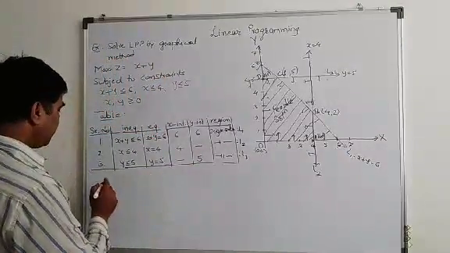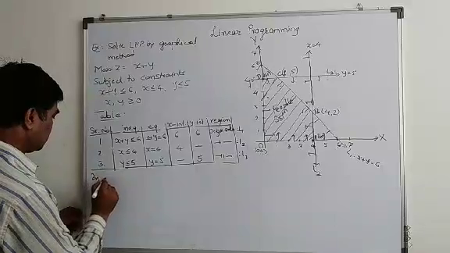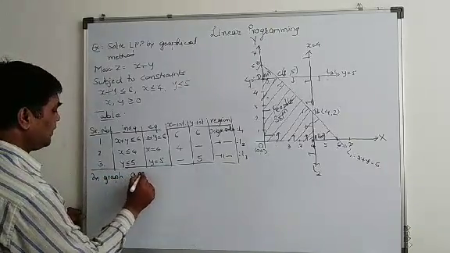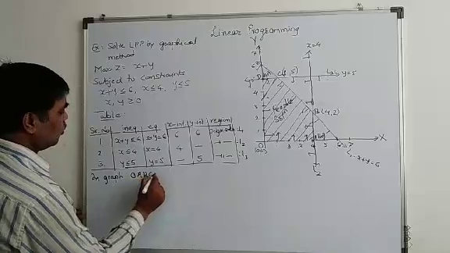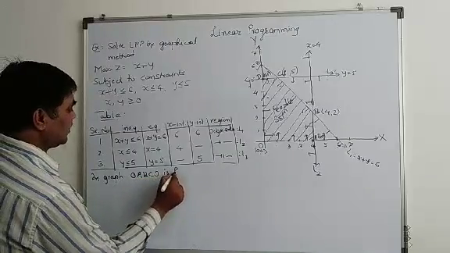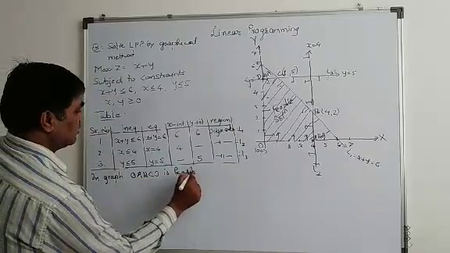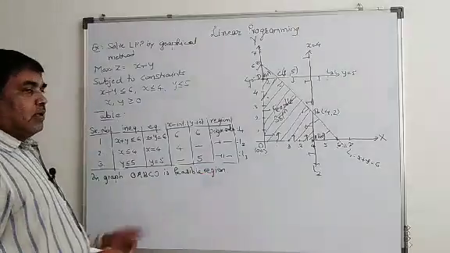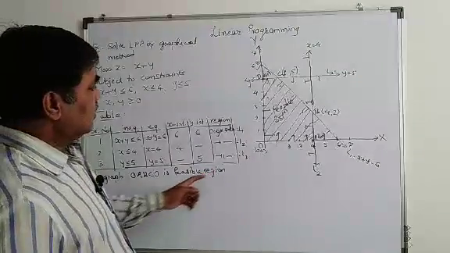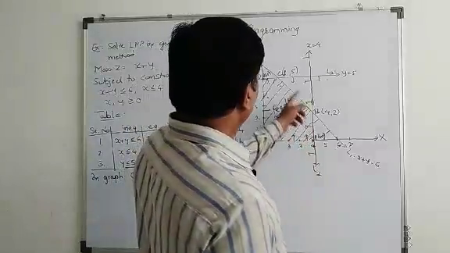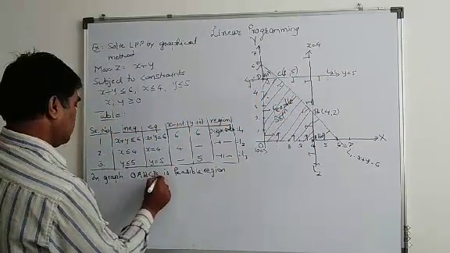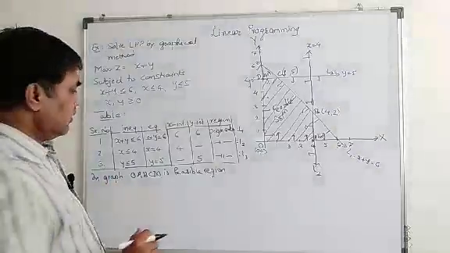So in the graph, O, A, B, C, D is the feasible region.